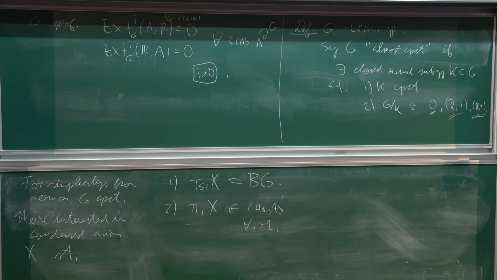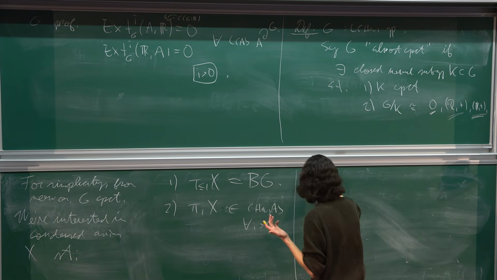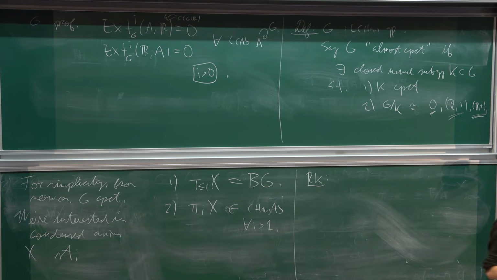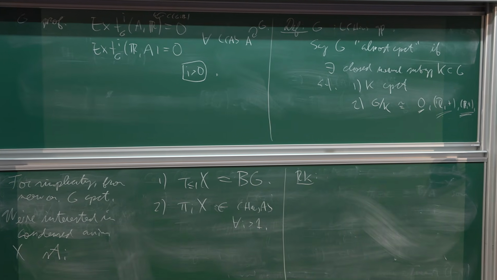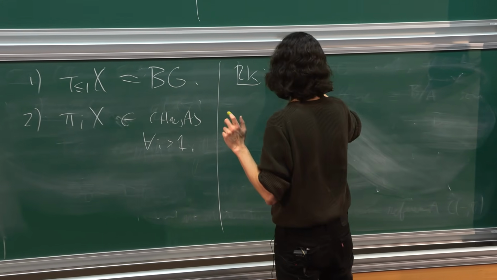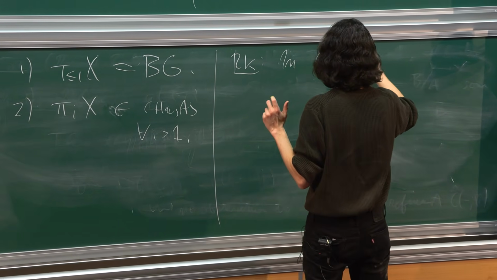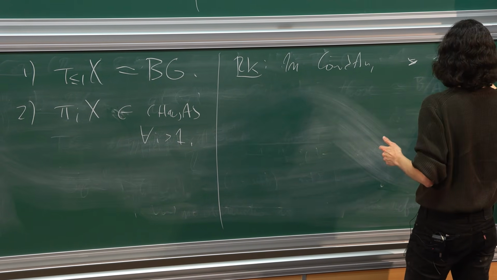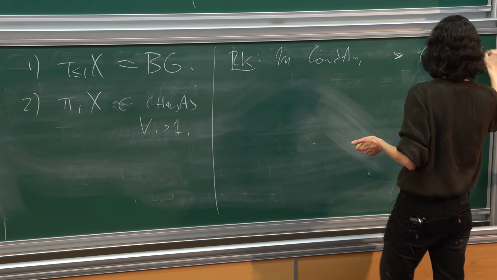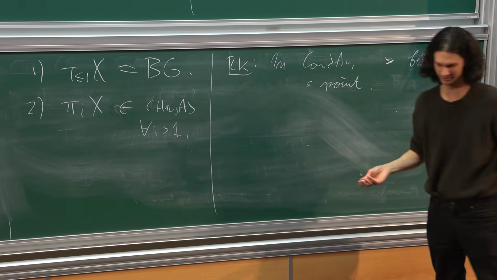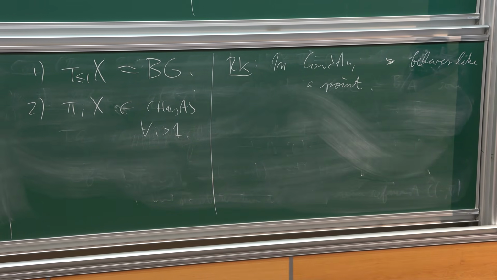Ooh, I forgot to make another remark about condensed things. So here's an important fact about the condensed topos. The terminal object behaves like a point. If you have a terminal object in a general topos, it doesn't behave at all like a point.